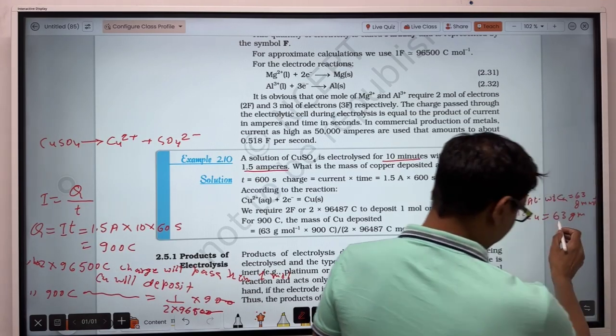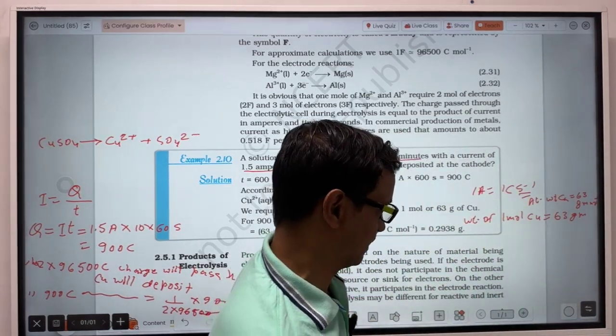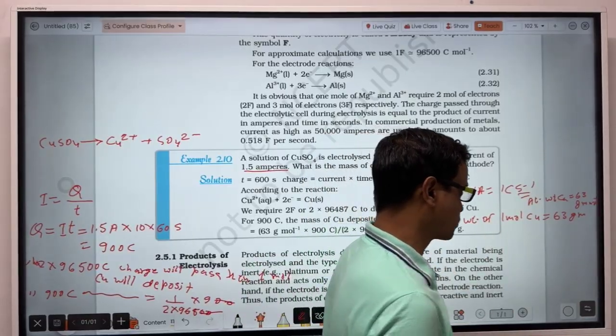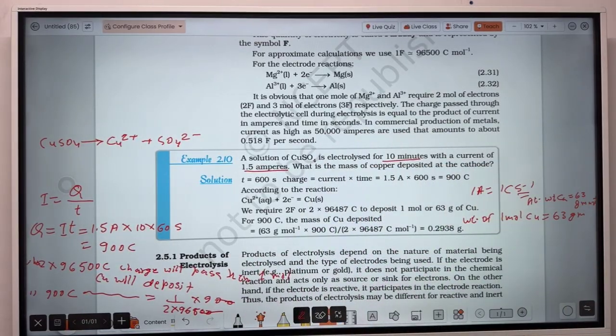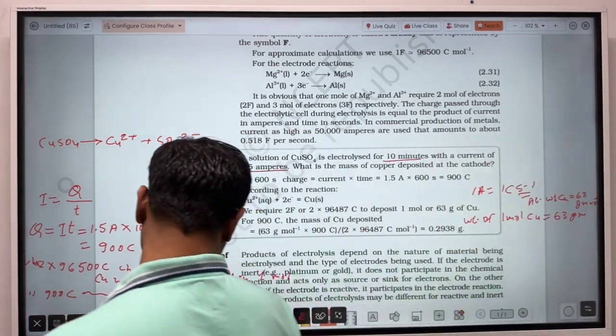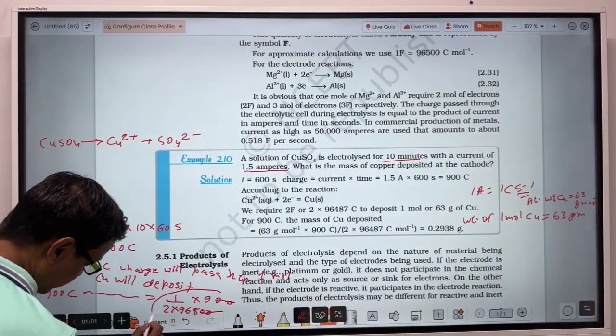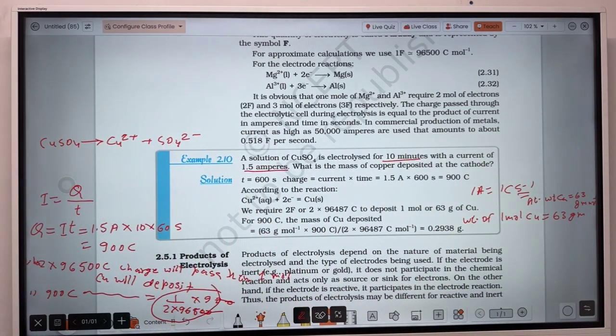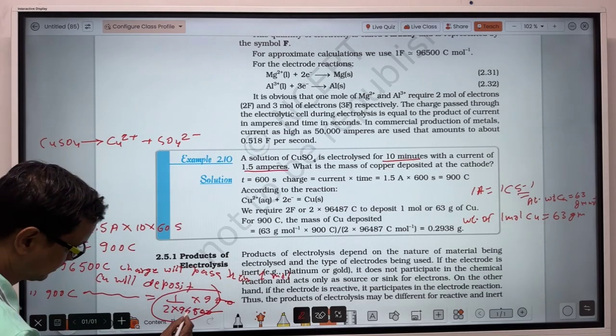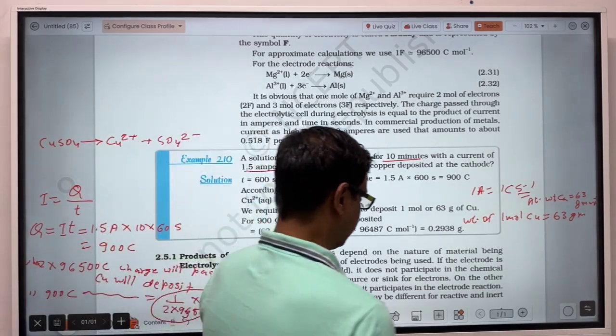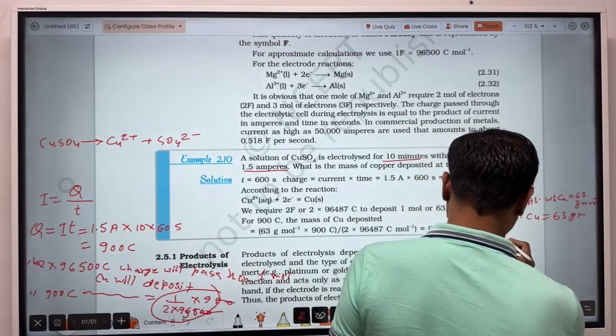So when the number of moles of copper is 1, then the weight will be 63 gram. And the number of moles of copper deposited will be equal to 9 upon 2 into 965.